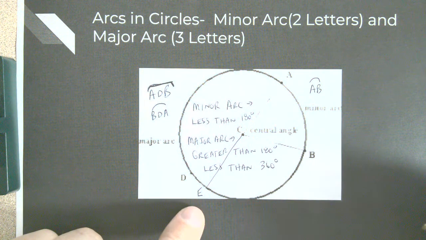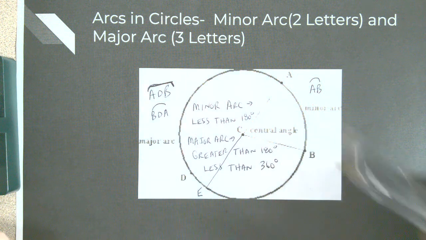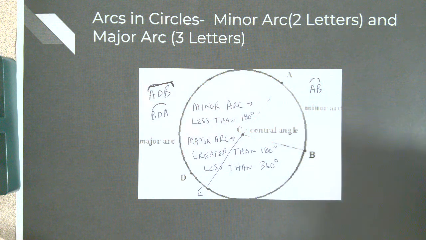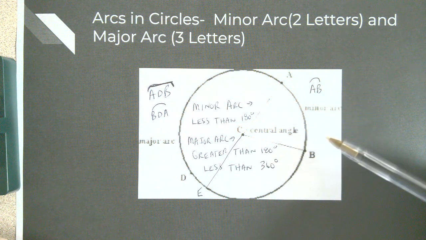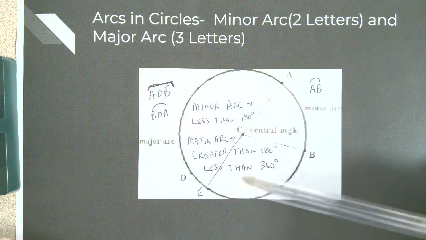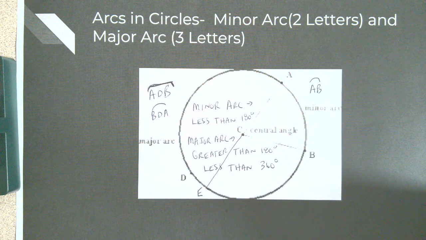Since I added the point E, I could do EDB. There's a lot of major arcs that I could name here in this picture. So knowing the difference: minor arc, two letters, less than 180. Major arc, three letters, bigger than 180. Everybody good with that? Difference between a minor arc and a major arc?